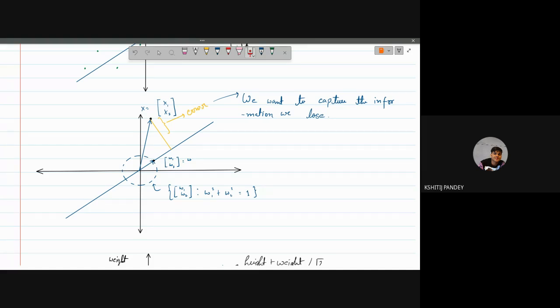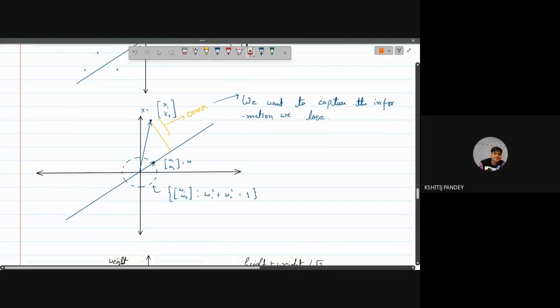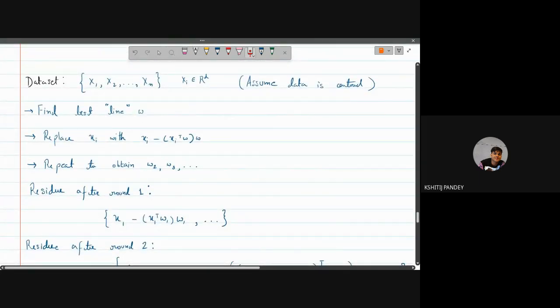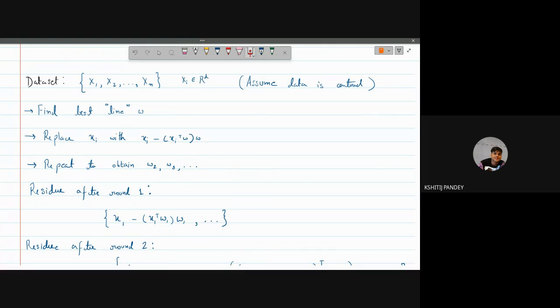Now let's extend this idea to R^d. So we have a dataset in R^d. We find the best fit line. Then to capture the lost information, we find the best fit line for the error vector.